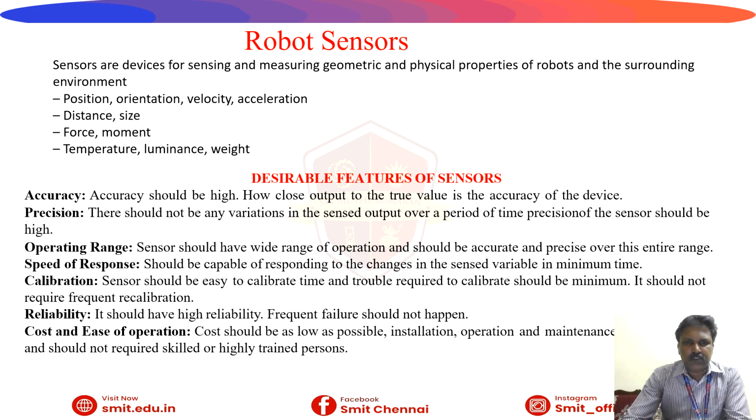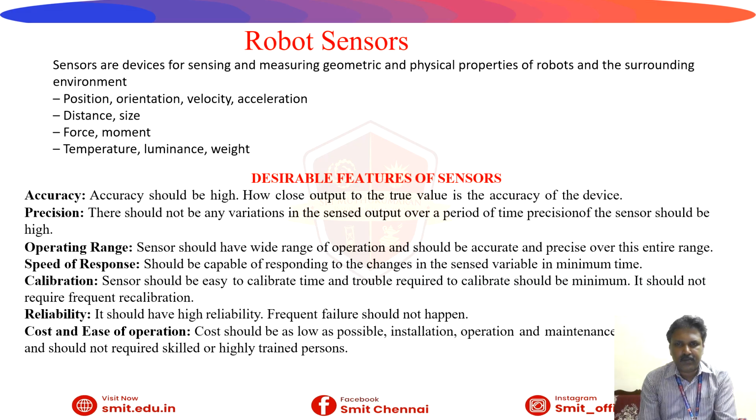Sensors are devices for sensing and measuring geometric and physical properties of robots and the surrounding environment. That is called a sensor. Why is the sensor needed? Without a sensor, we can't see any obstacle that is passing over there. So the sensor is important. For the robot, without a sensor, it is very difficult to operate.